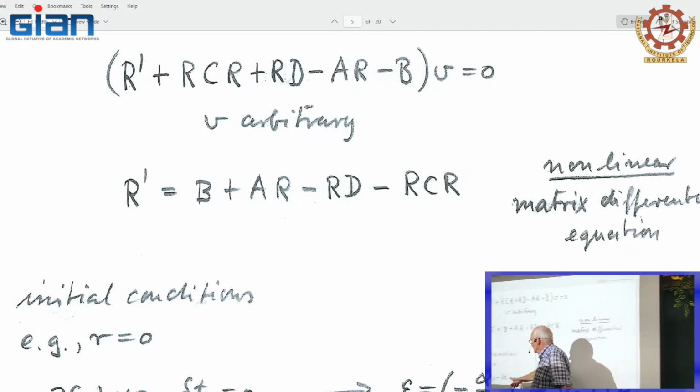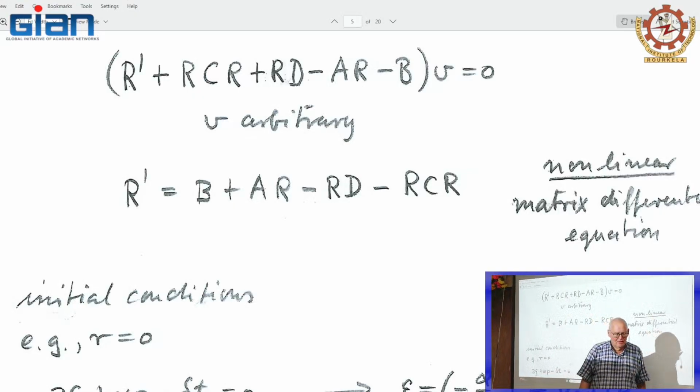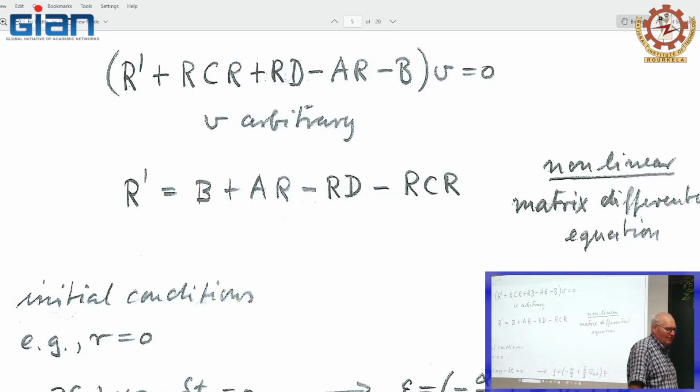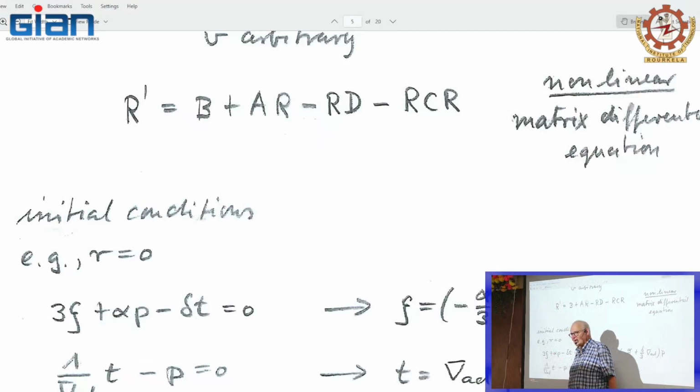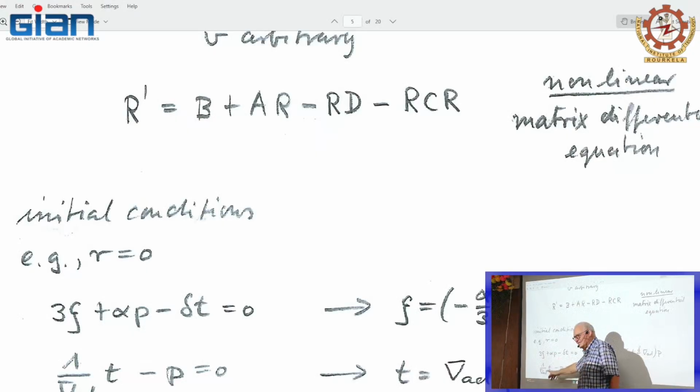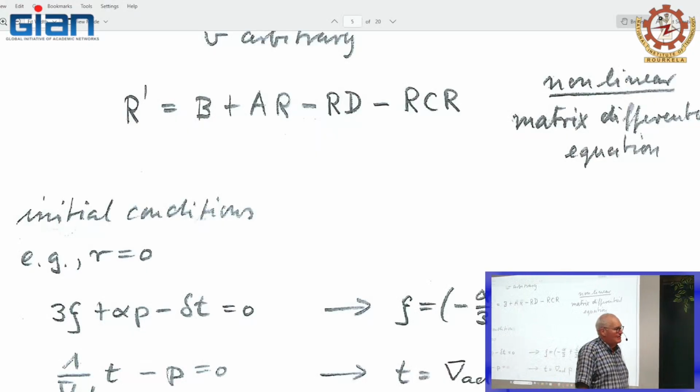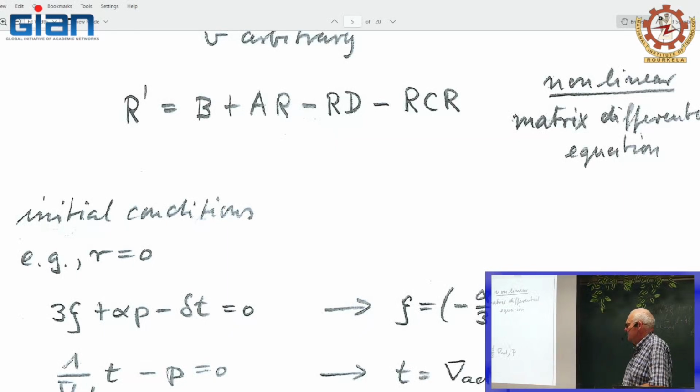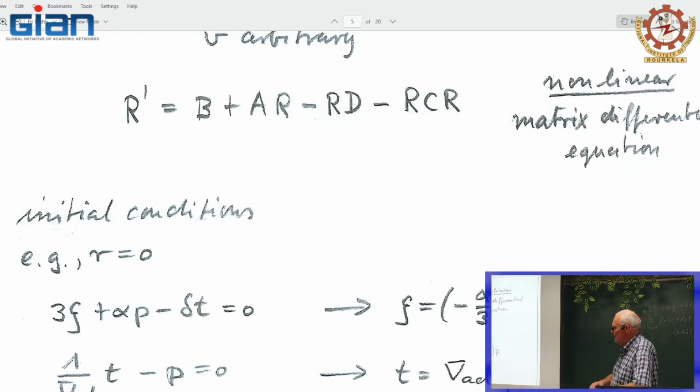Consider, for instance, the inner boundary, that means the center of the star. We have two regularity conditions there, namely 3 zeta plus alpha p minus delta t is 0, and the second one is that of adiabatic gradient.